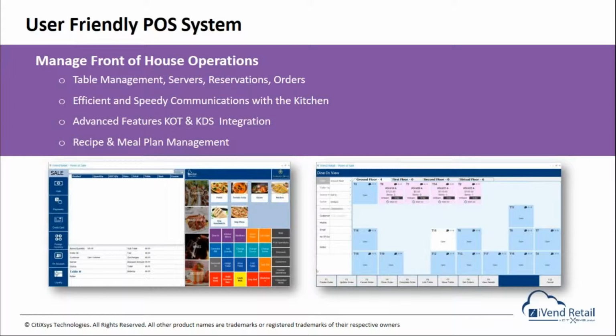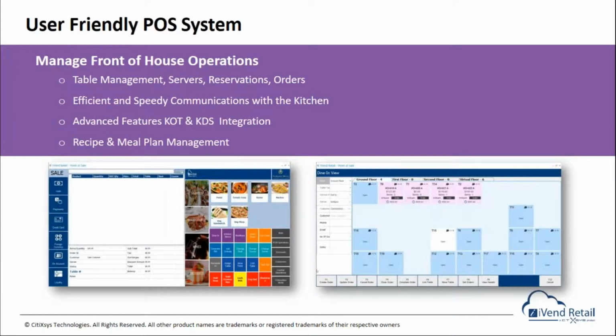Next, iVend Hospitality also includes many advanced features such as KOT printing. All KOTs are fully customizable. With kitchen display systems, all the order items land on kitchen monitors based on their product groups.